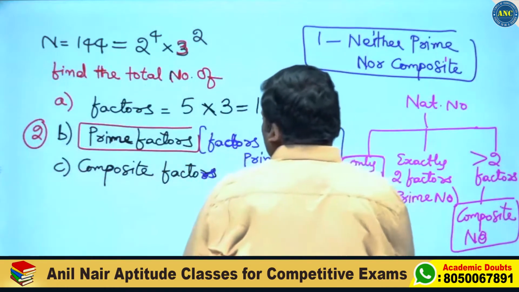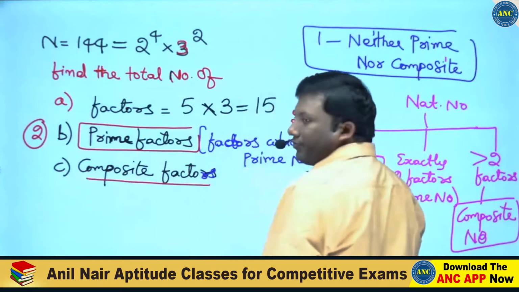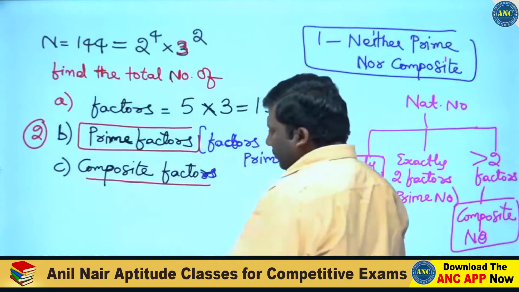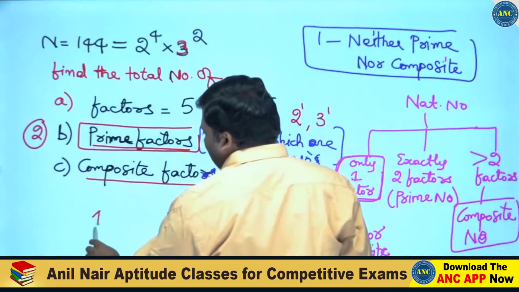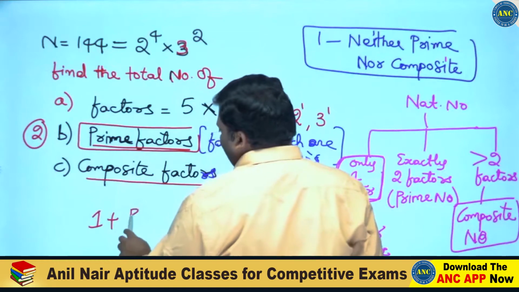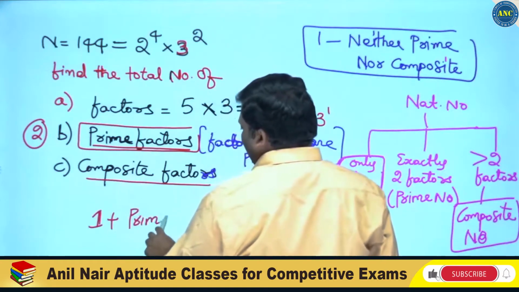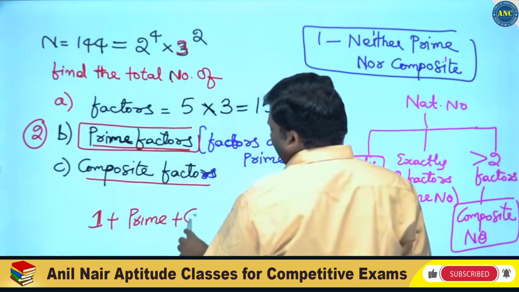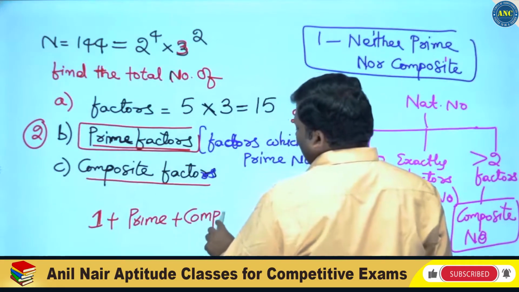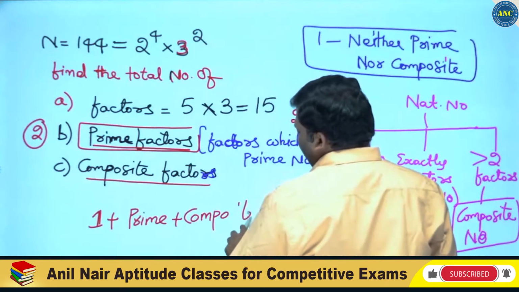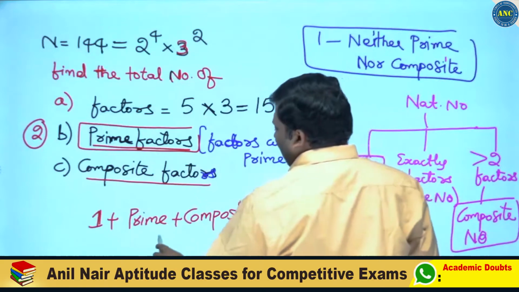So I want composite factors. See, one is neither prime nor composite. Another is the total set of prime numbers. Another is the total set of composite numbers. This will give you total natural numbers.